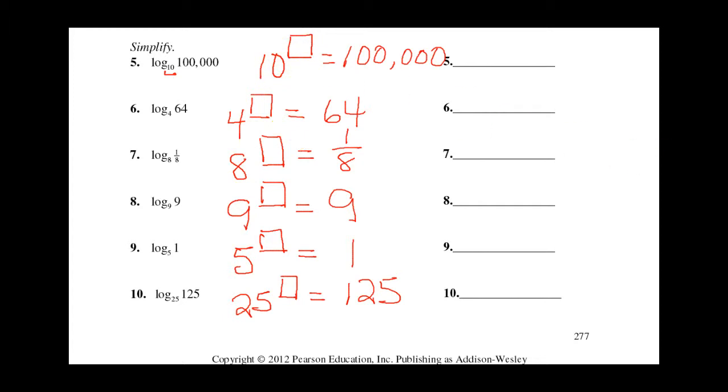Now, change color here. 10 to the what is 100,000? 10 to the 5th. 4 to the what power is 64? 4 to the 3rd. 8 to the what power is 1/8?